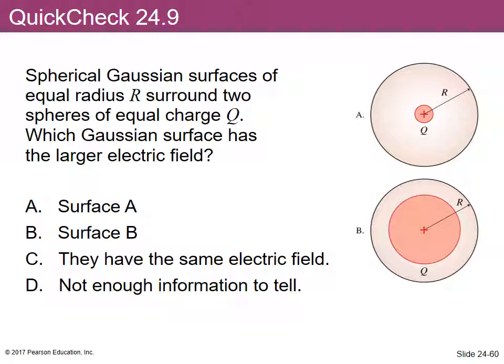Spherical Gaussian surface of equal radius r surrounding two spheres of equal charge q. Which Gaussian surface has the larger electric field? The answer is C. They have the same enclosed charge.